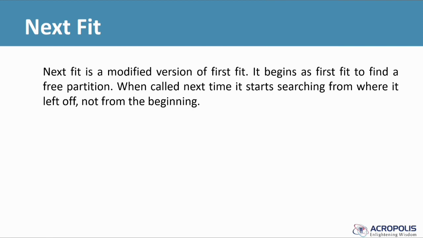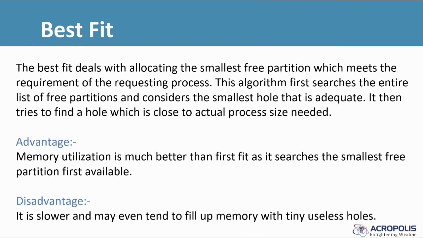The next one we have is best fit. Best fit searches for the smallest free partition in order to allocate the memory to that process. It searches the whole memory and tries to find a hole that is the smallest and is adequate to keep that process.